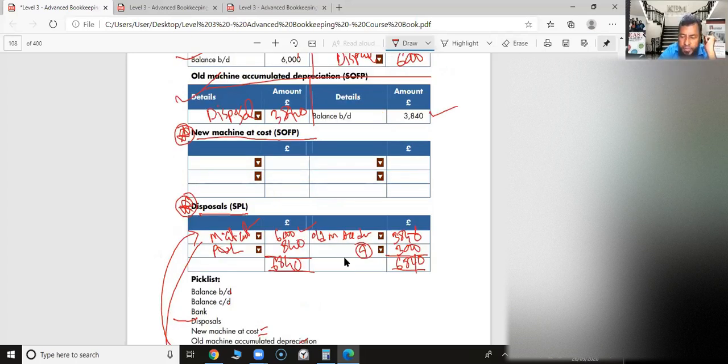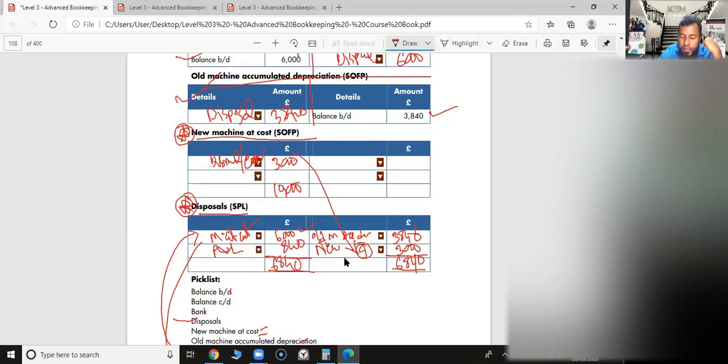New machine, because for the new machine I'm going to write here, how much worth of new machine did I get? Worth 10,000. I'm doing it from the bottom. And how am I getting it? I exchanged the old one for 3,000, yeah? Disposal or exchange, that's the double entry. Then I can write here new machine.